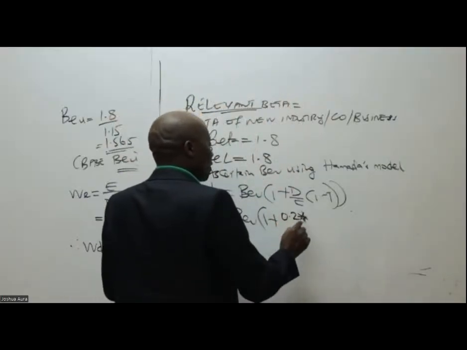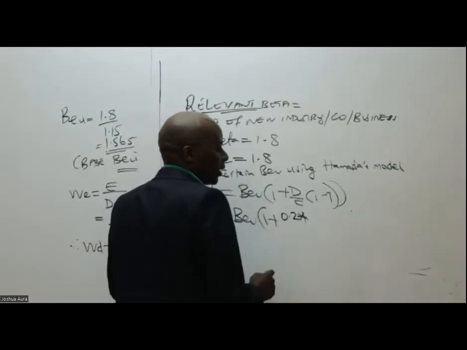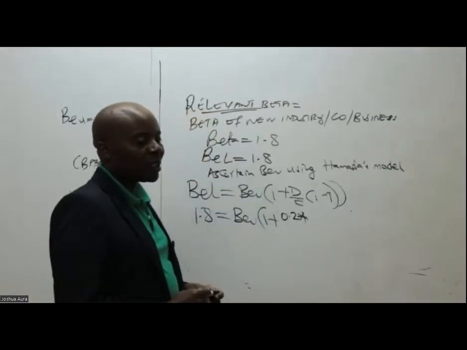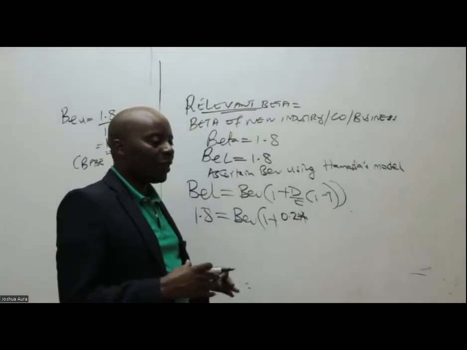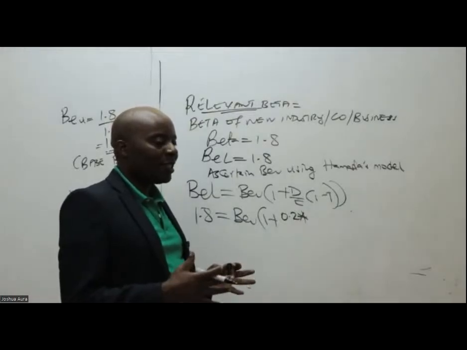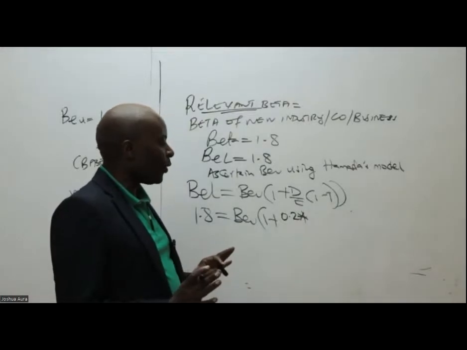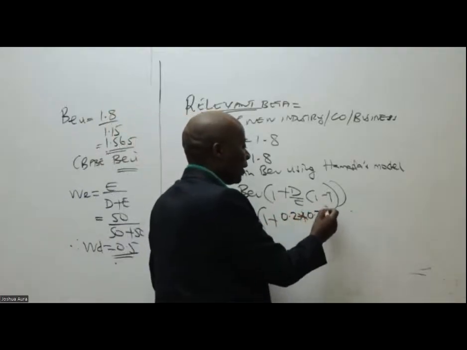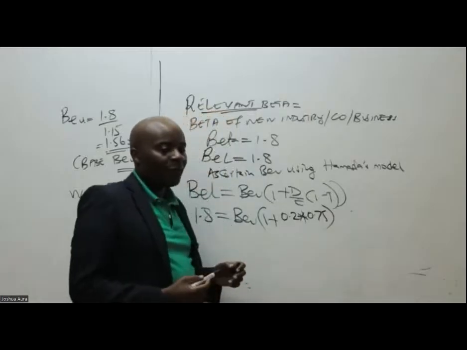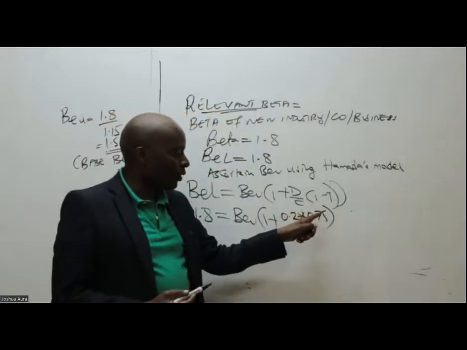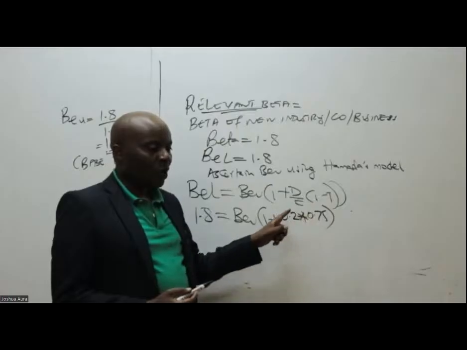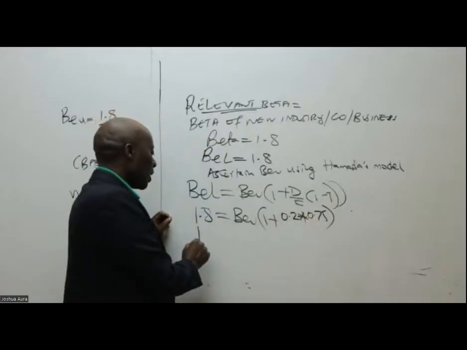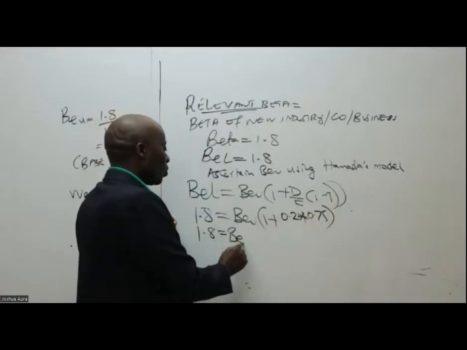Into 1 minus tax. Have they given me the rate of tax? Never assume it's 30%. In finance, if tax is not given, take it to be 0.25. So 1 minus 0.25 gives me 0.75. So abracadabra, could you guys kindly give me what we have in brackets?